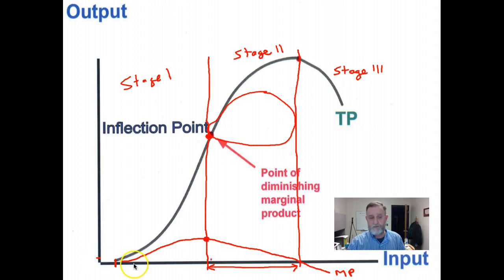If we add 2, you see how it's accelerating. If we add 3, we get to here. See how that's working? Until we get to this point, we keep accelerating our output as we add workers.